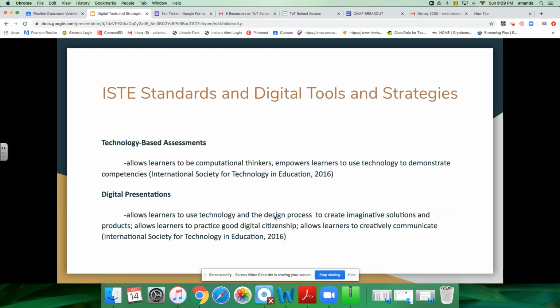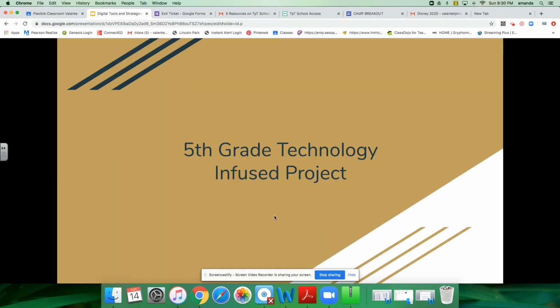Technology-based assessments allow learners to be computational thinkers, and empower them to use technology to demonstrate their competencies. And for digital presentation, allow learners to use technology and the design process to create imaginative solutions and products. It also allows learners to practice good digital citizenship. And finally, allows learners to creatively communicate.